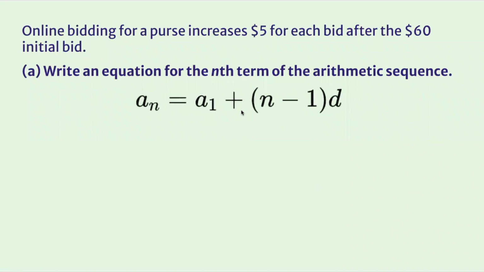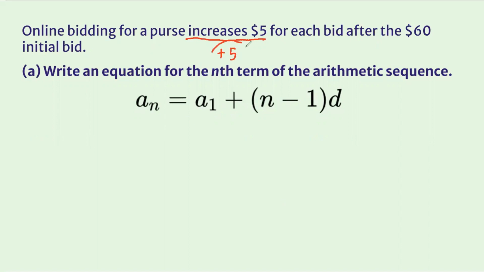Now we have another arithmetic sequence equation that we're going to be writing, except now it's formatted in a word problem. An online bidding for a purse increases $5 for each bid after the $60 initial bid. So we're going to write an equation for the nth term of the arithmetic sequence. So looking at our information, we see increases $5, plus 5.